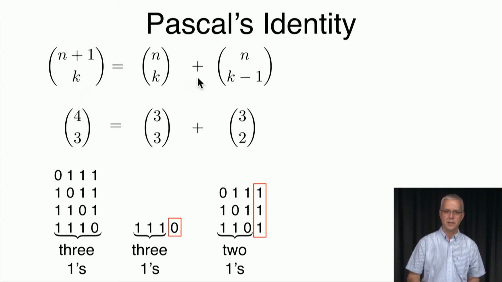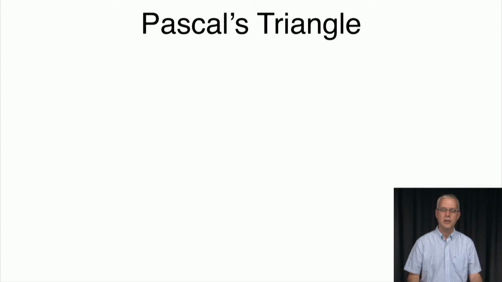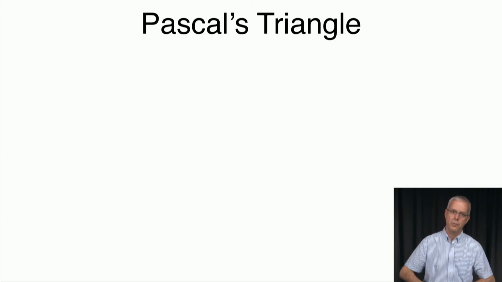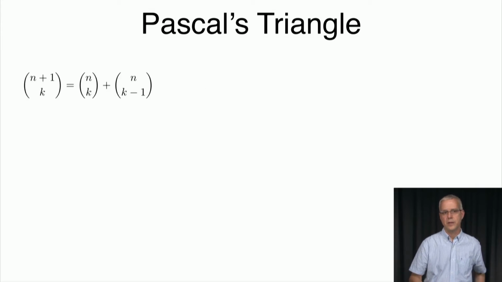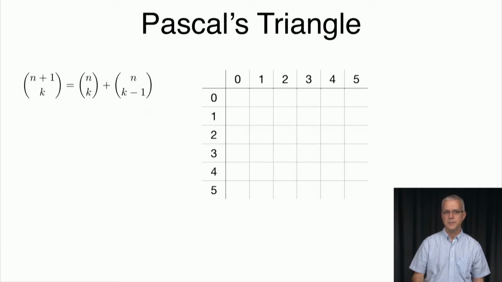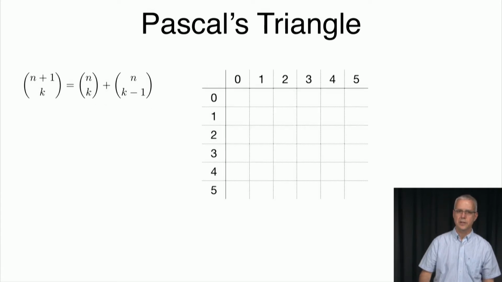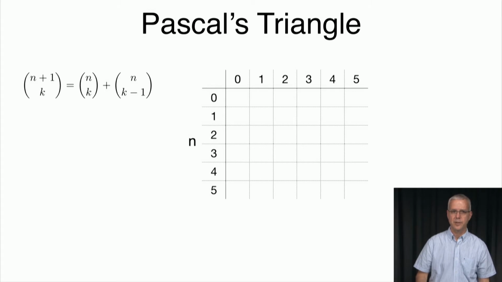Okay, so this is Pascal's identity, and we can use it to create the Pascal triangle, which is a way to calculate all the binomial coefficients, again in a different recursive way. So as we have seen, n plus 1 choose k is n choose k plus n choose k minus 1. So we can start writing the Pascal triangle, where the rows will correspond to n and the columns will correspond to k.